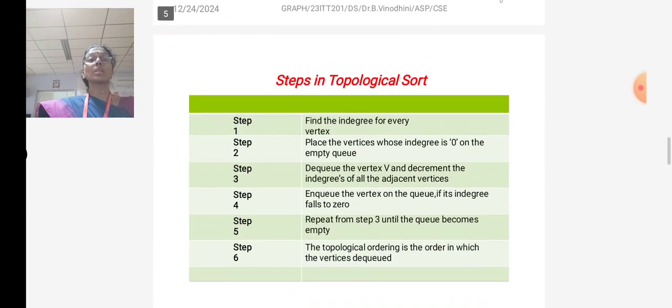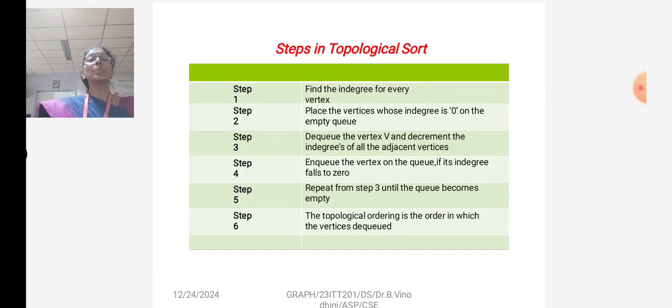There is an algorithm to find a topological ordering in every graph. First step, for a given graph, find the indegree of every vertex. Second step, place the vertices whose indegree is 0 on the empty queue.